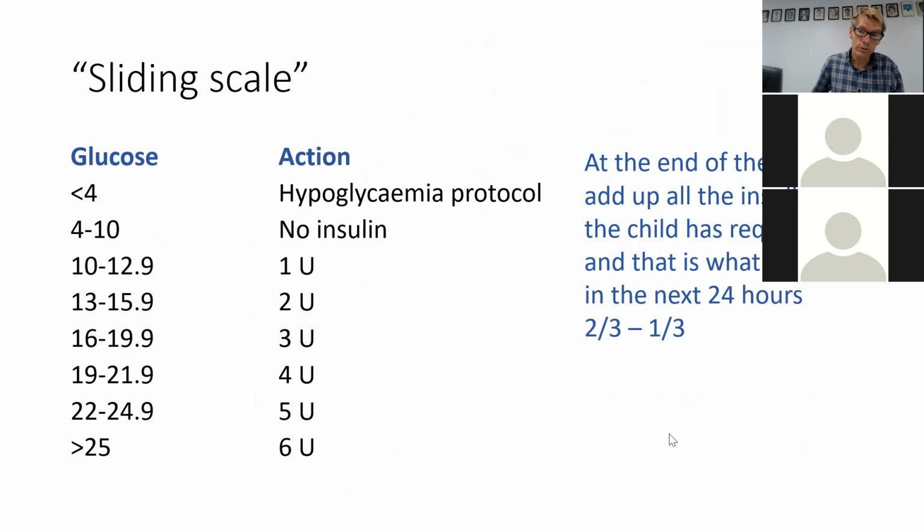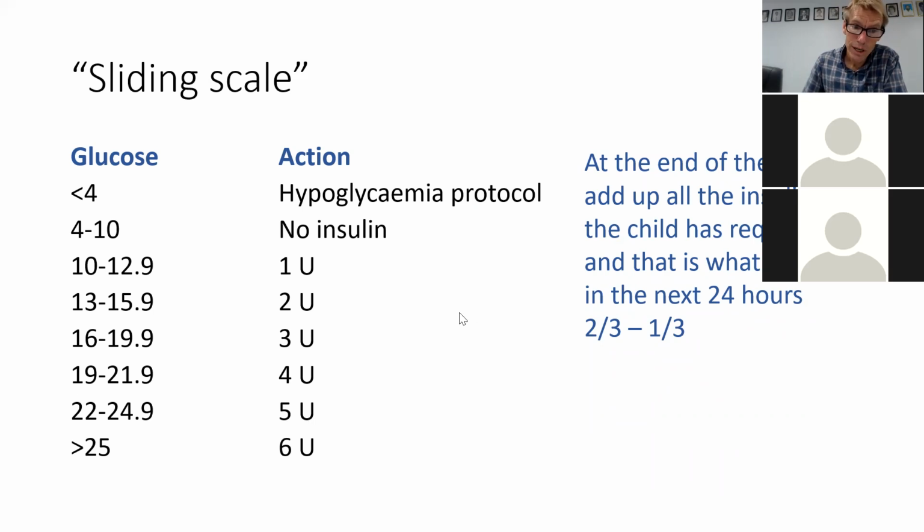The other way to do it is a sliding scale, and sometimes it's helpful to still do a sliding scale as well as estimating and adjusting. With a sliding scale, you can give a baseline insulin, like it might be 1 unit per kilo per 24 hours, and then measure the blood sugar every 4 hours. And then if the blood sugar is high, give a bit extra insulin.